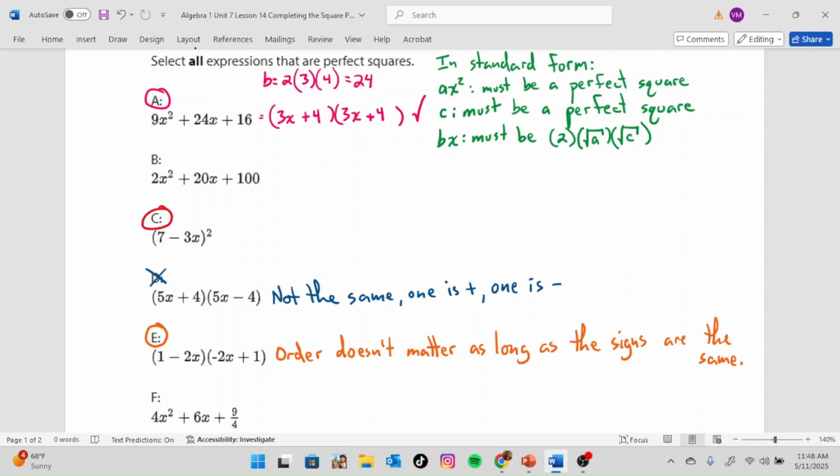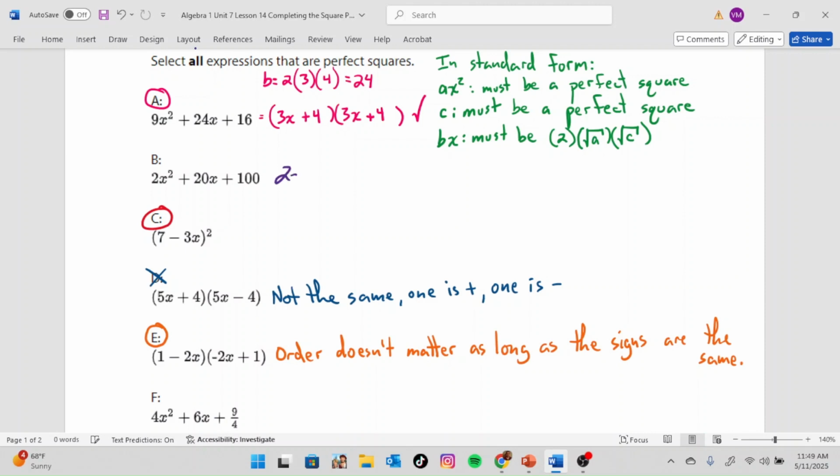Now let's look at B. 2x squared would need to be a perfect square. But you cannot get 2x squared by multiplying something by itself.